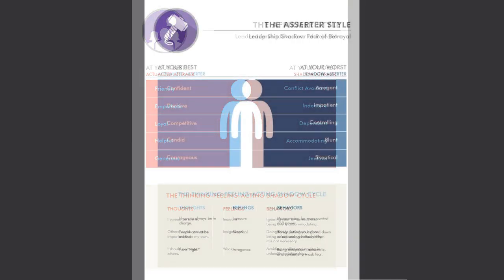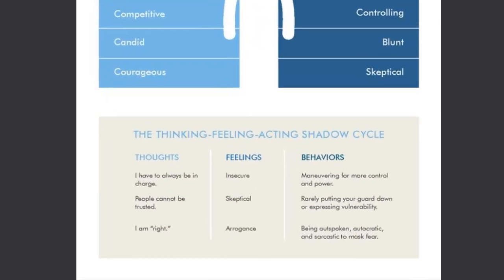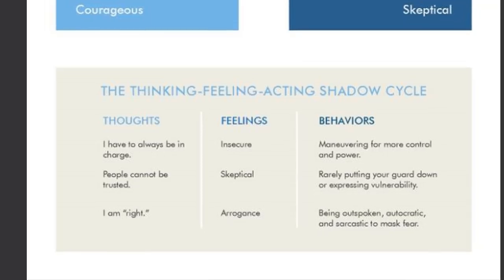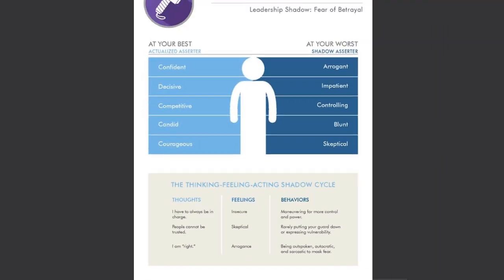And for the asserter, again, the same model, the cycle there, understanding the thoughts. For example, if you look down at the bottom there, "I am right." Well, that causes feelings of arrogance, and it causes behaviors such as being outspoken, autocratic, trying to maneuver, always winning every argument. And what asserters often find is they may win the battle, but ultimately lose the war.